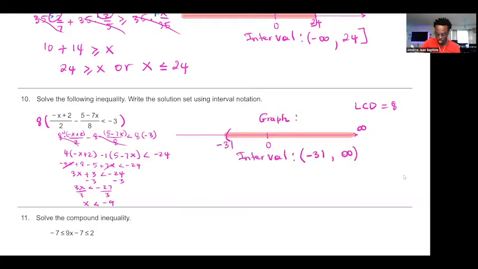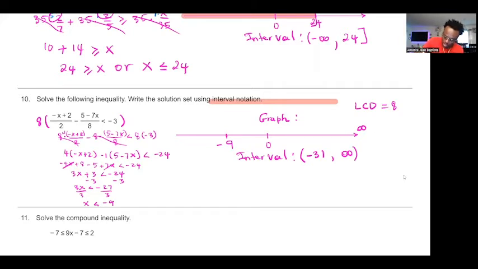So graph, it starts on the negative side. Well, if I want, I can keep this bracket. Oops, I want that. I'm going to just move it over. Okay, so that's going to be my negative 9 on this side, and then x is less than negative 9, right?